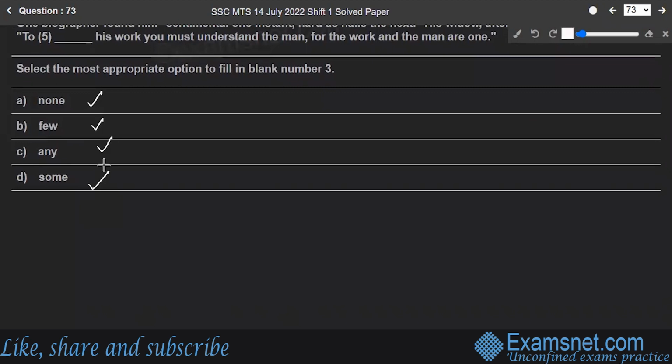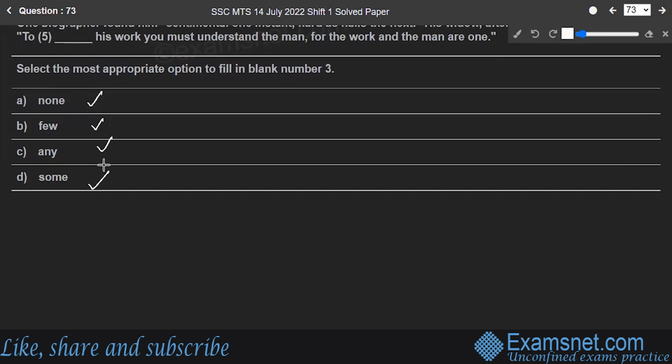None means not one of the group of people or things or anything. Few means very small. Any means like one or some or without any specification. We are talking about generally anyone. Some means a number of people or things which is small, not an exact number.